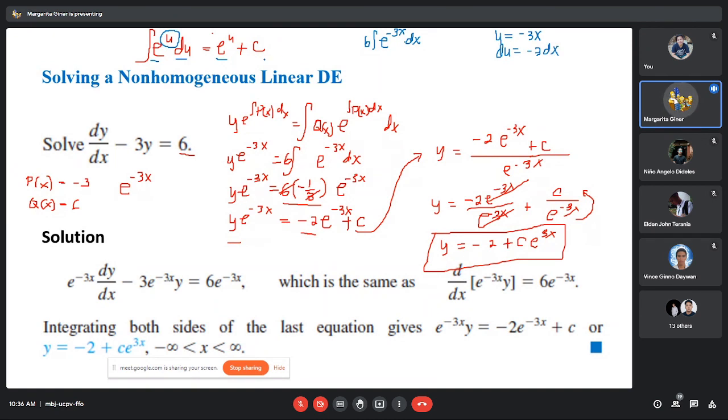You should see the derivative in your equation. This is your du, but du is equals to negative 3 dx. However, your dx here does not have the negative 3. It should have a negative 3.